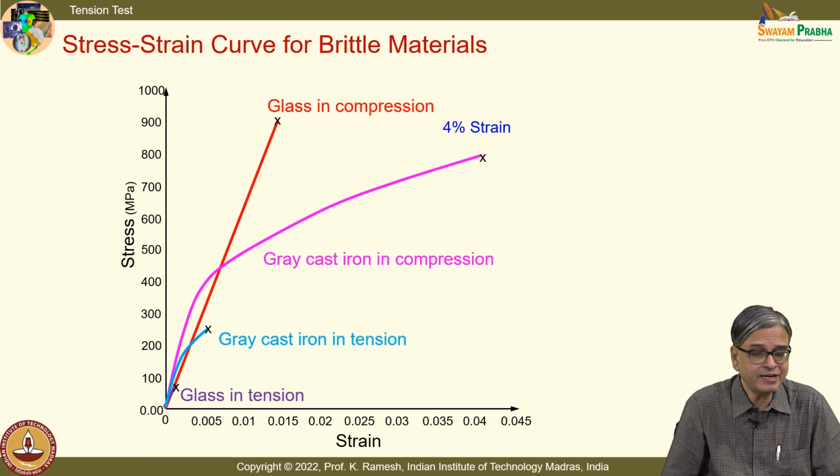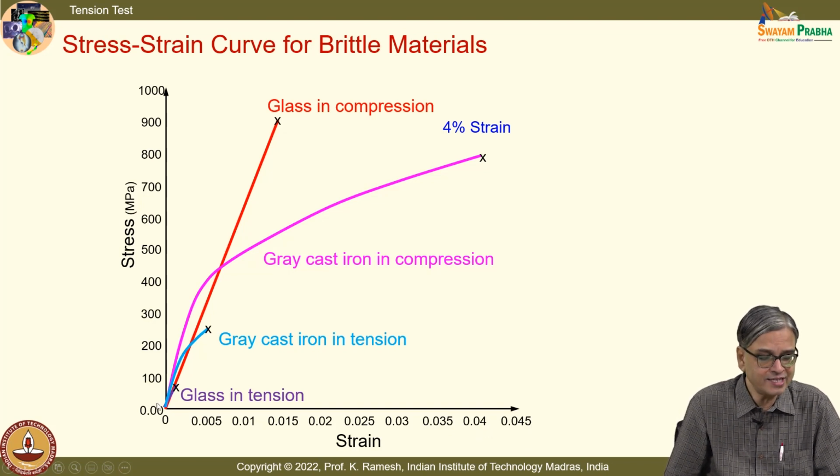When I have a brittle material, the maximum strain is within 4%, which is listed as 0.005 in numbers. So, 4% means 4 divided by 100, okay. So, I have this something like 0.04, and what do you see strikingly?